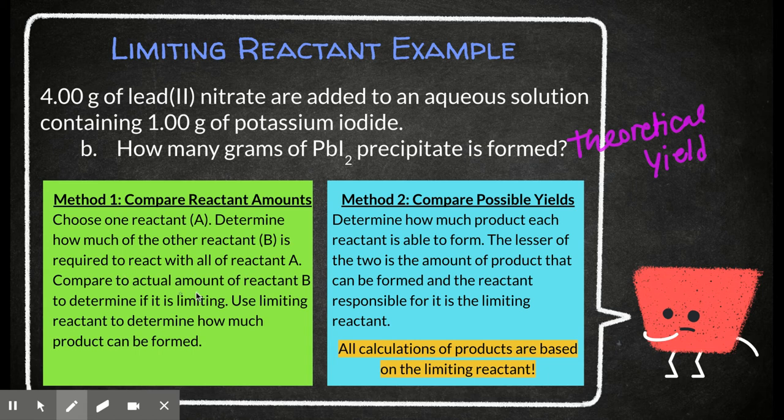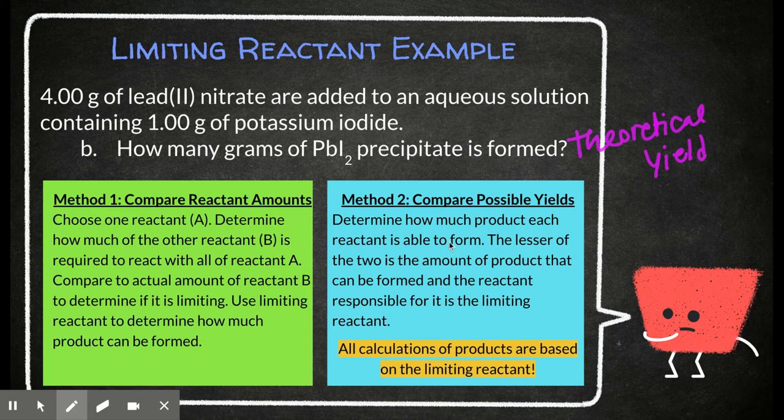And so we're going to compare the actual amount of reactant B to determine if it's limiting, and use the limiting reactant to determine how much product can be formed. Okay, so once we figure out which one is our limiting reactant, which one we're going to run out of first, we can use that reactant to determine how much product can be formed. So this is method 1.